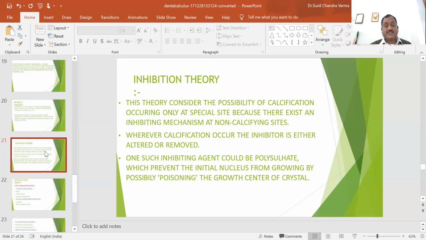Wherever calcification occurs, the inhibitor is earlier altered or removed. One such inhibiting agent could be pyrophosphate, which prevents the initial nucleus from growing, poisoning the growth center of the crystal.